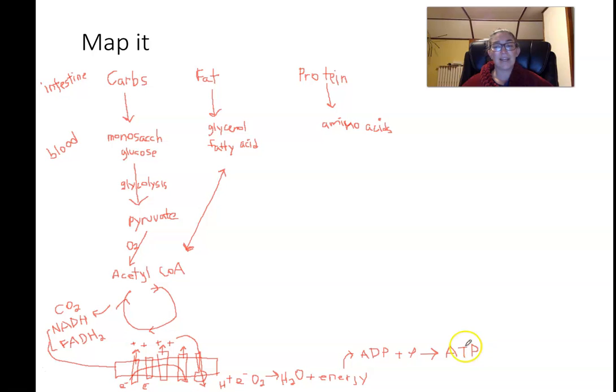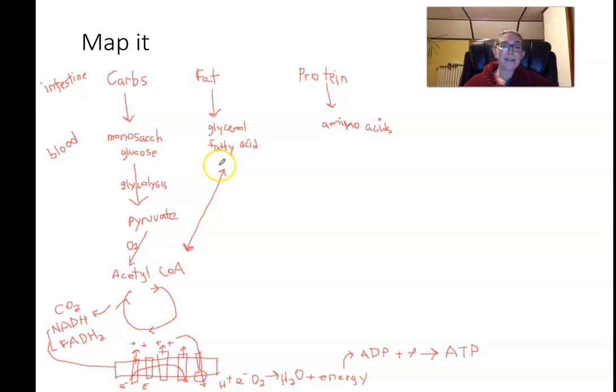This is a very endothermic reaction, so it requires energy. So the energy from this oxidation reaction of oxygen and hydrogen and electrons becoming water ends up allowing us to generate ATP. It provides the energy that's needed to make ATP, and then ATP can get hydrolyzed, and that is an exothermic reaction that fuels other reactions in the cell.